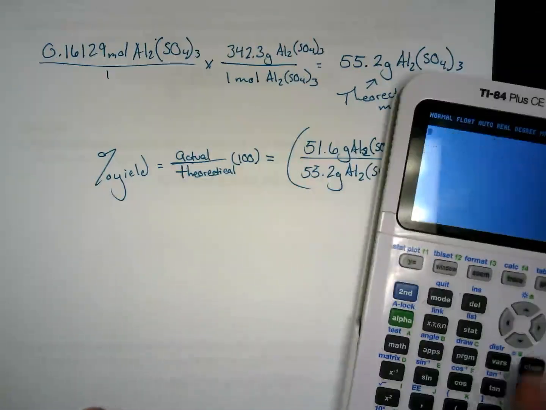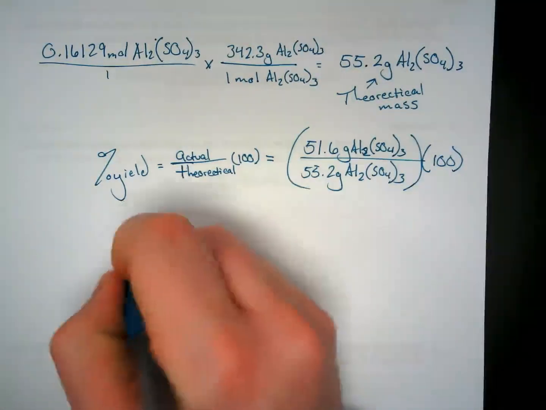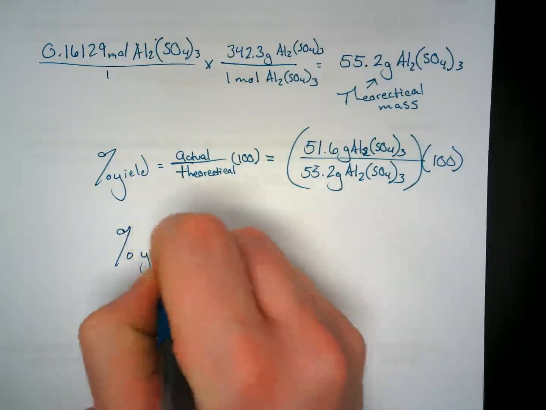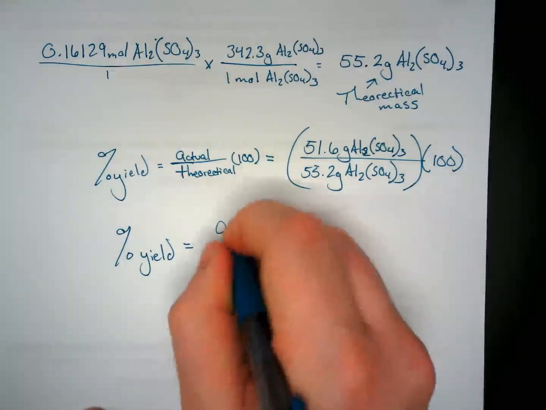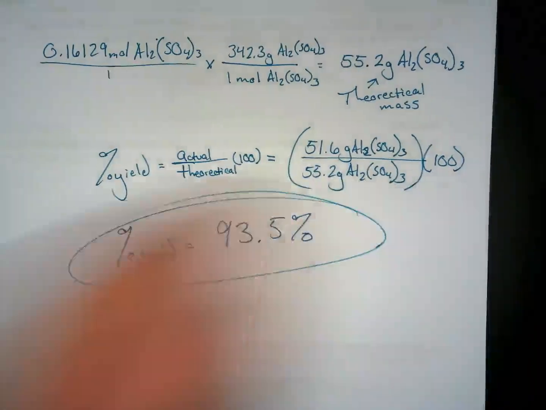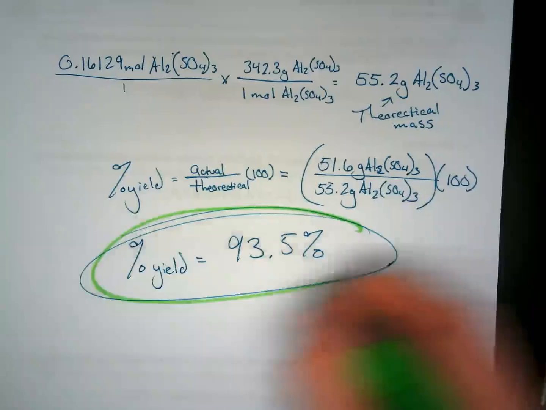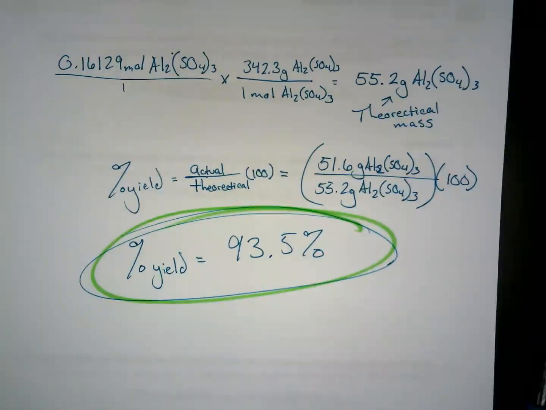So it'll be 51.6 divided by 55.2 times 100. It's going to give me a percent yield of roughly about 93.5%. And there I have my final answer, and the answer that we are looking for, which is the percent yield of this reaction. Okay.